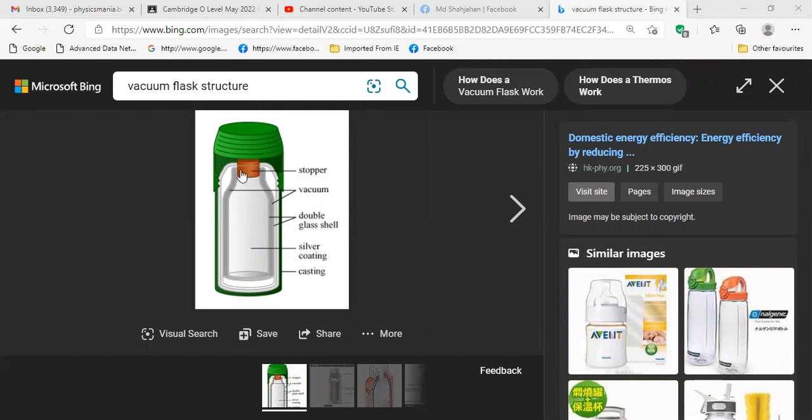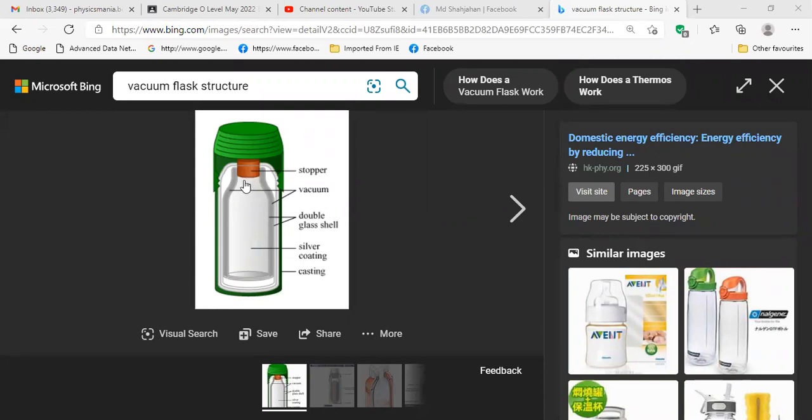Yes. As it is rubber, it is fixed in this container wall. So there is no possibility for air to get in or out from here. So this way, we have trapped air inside here, a little bit of air.